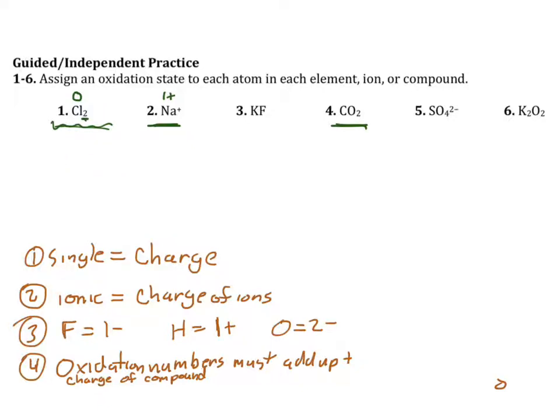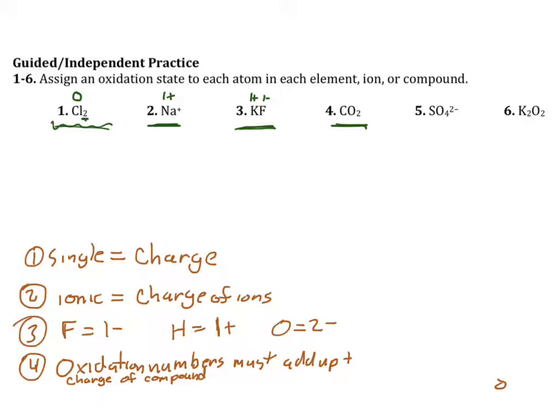Now let's go ahead and take a look at this next one here. This is an ionic compound, and for ionic compounds, it's really easy to assign oxidation numbers because oxidation numbers are the charge that they have. Potassium makes a 1+ charge, so the oxidation number of potassium is 1+, and fluorine makes a 1- charge, so its oxidation number is 1-.